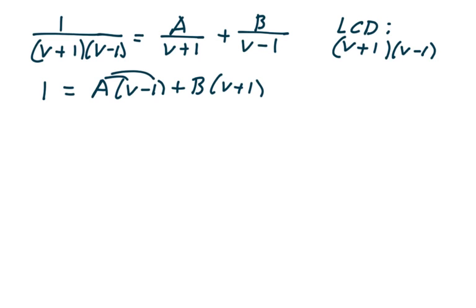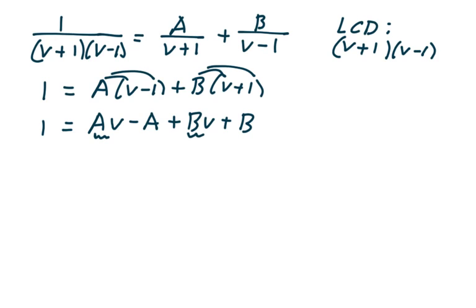Distribute the a, distribute the b. So 1 is av minus a plus bv plus b. So I'm going to collect the terms that contain the v, and I'm going to factor out the v at the same time. So I get a plus b multiplied by v minus a plus b.